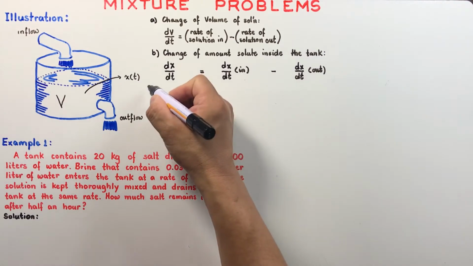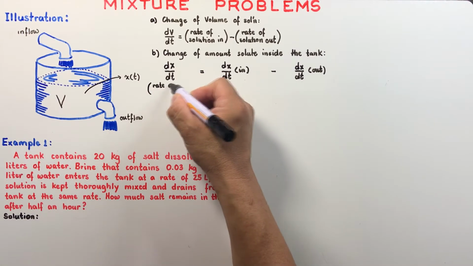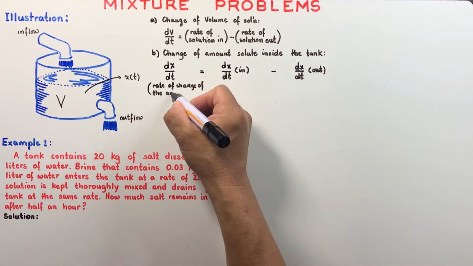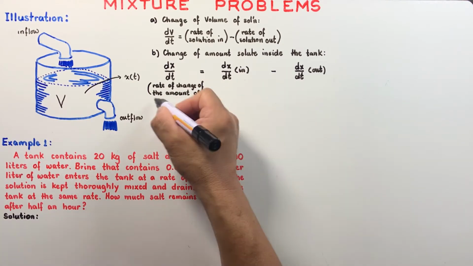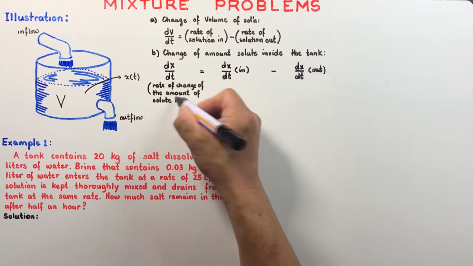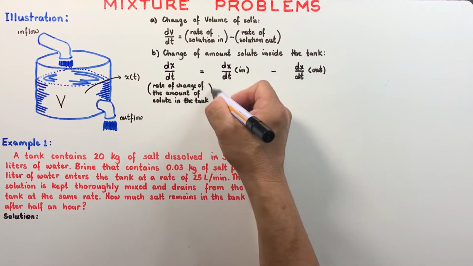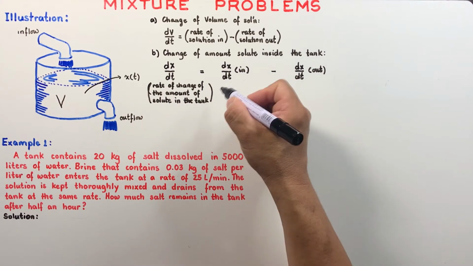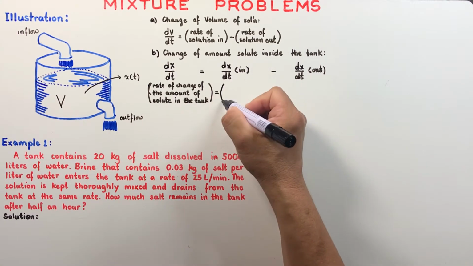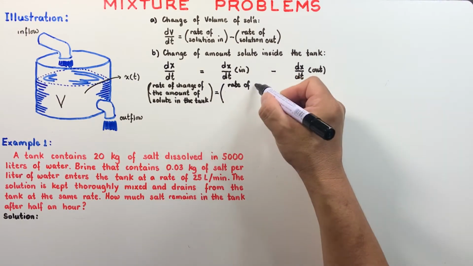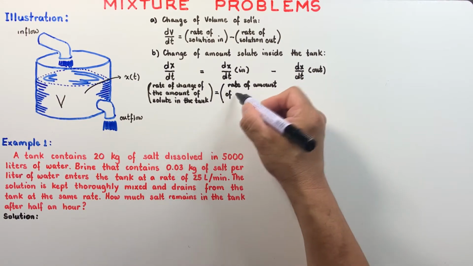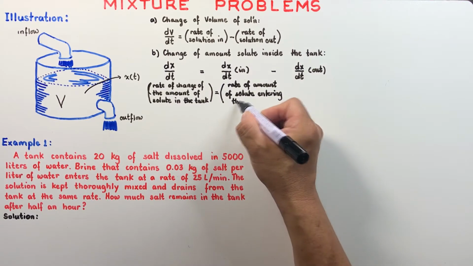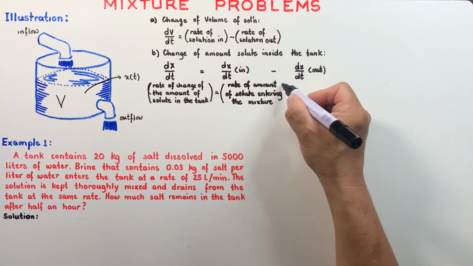So we will write here that dx/dt is the rate of change of the amount of solute in the tank. So this is the meaning of this dx/dt. And the dx/dt in is the rate of amount of solute moving towards the tank, entering the mixture inside the tank.